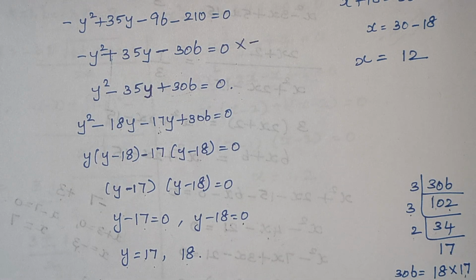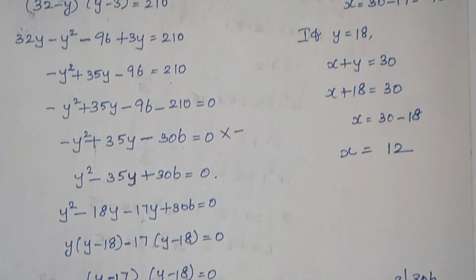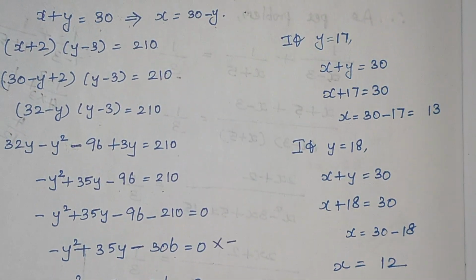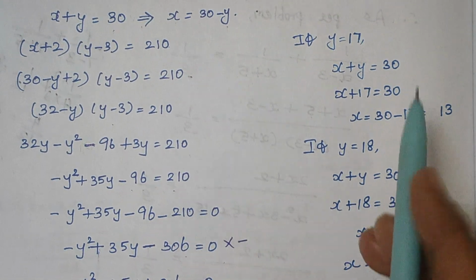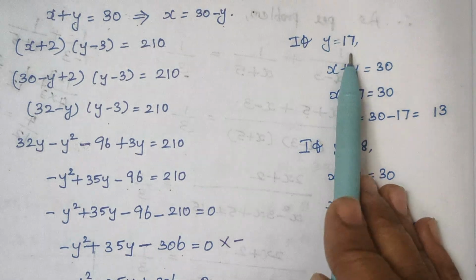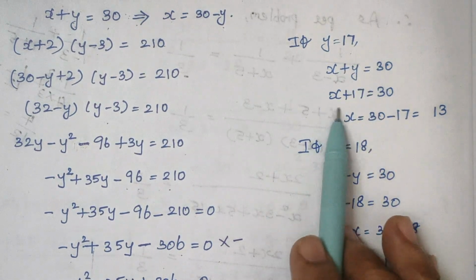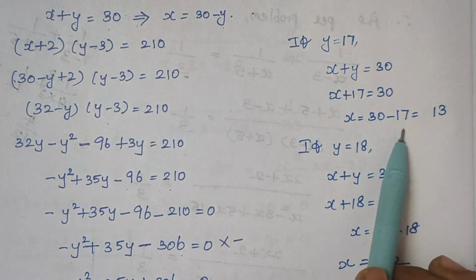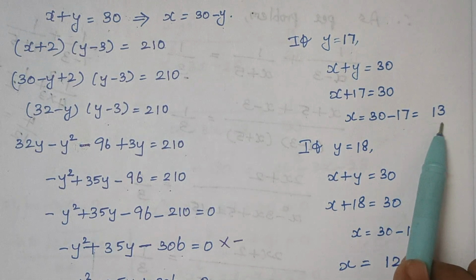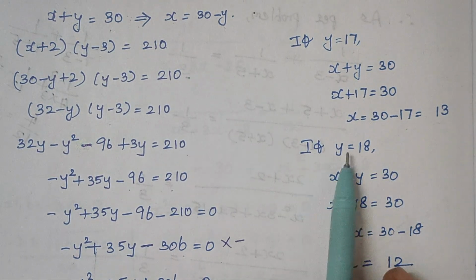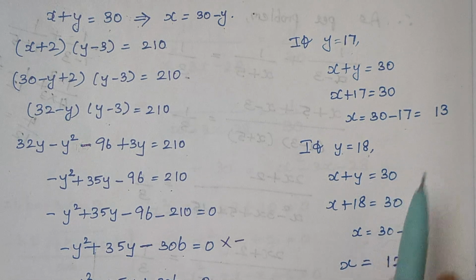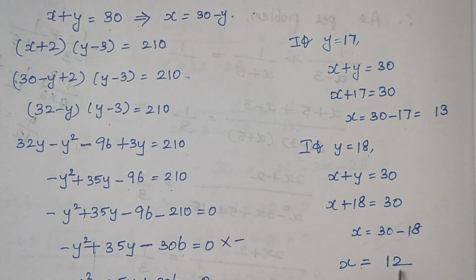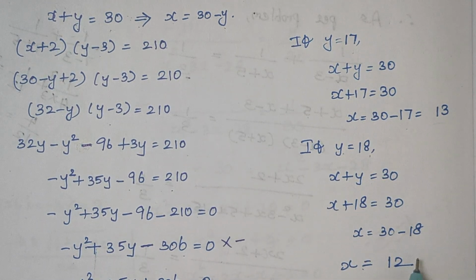The basic rule given is that the sum of these two marks is equal to 30. If I take the value of y as 17, then x is 30 minus 17, which is equal to 13. And if the value of y is 18, then x is equal to 12.